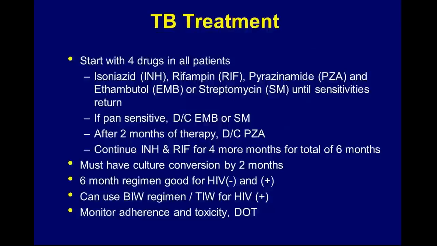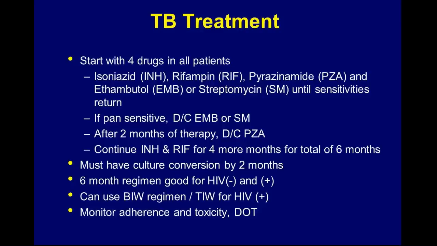So TB therapy, one of the favorite board topics. Ideally, if you are in an area which has 4% or more of resistance, and Hillsborough County is one of those areas, you would have to start the patient on 4 drugs: isoniazid, rifampin, pyrazinamide, and ethambutol.